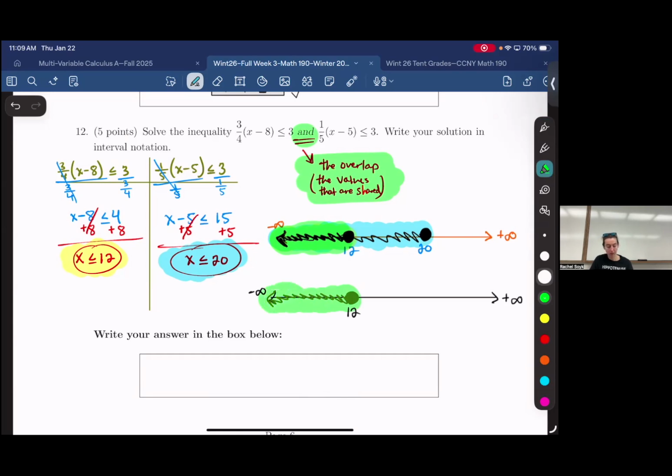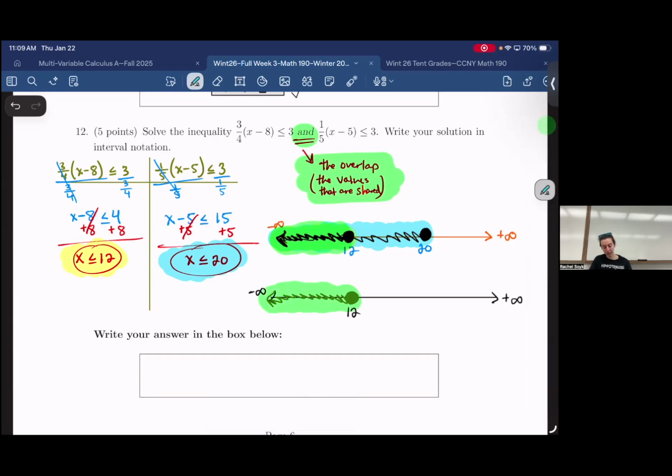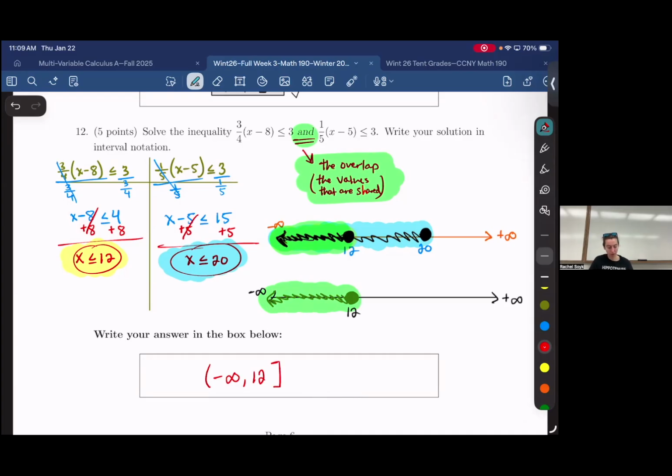So last but not least, to represent this in interval notation, what do we have? Soft bracket, negative infinity, comma 12, hard bracket, and that's it.